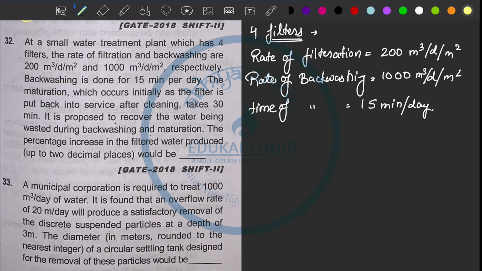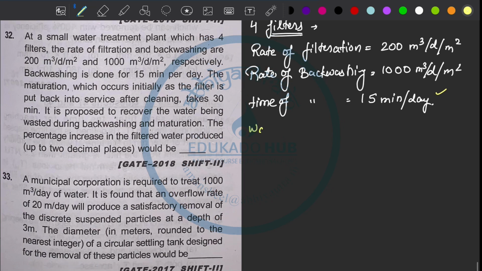So I have written the data that the rate of filtration is this, rate of backwashing is this, and the time taken in backwashing is this much. So can I find out the water used for backwashing? Yeah, definitely. Water used for backwashing can be calculated, because rate of backwashing is 10,000 and it is taking 15 minutes.